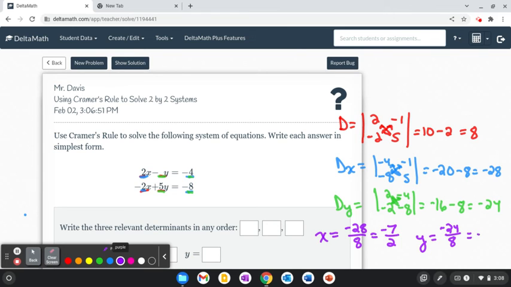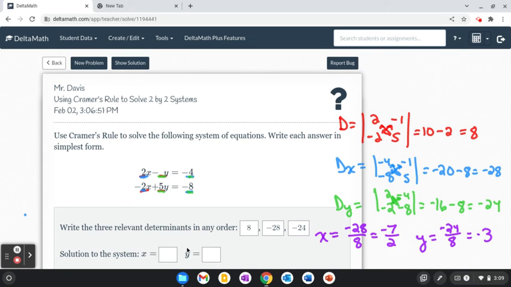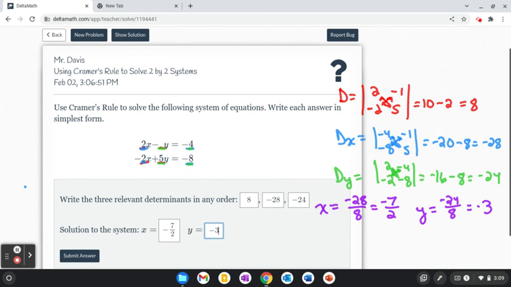And that actually reduces to -3. So let's type all those in. 8, -28, and -24. And then for x, we got -7/2. And our y as -3.